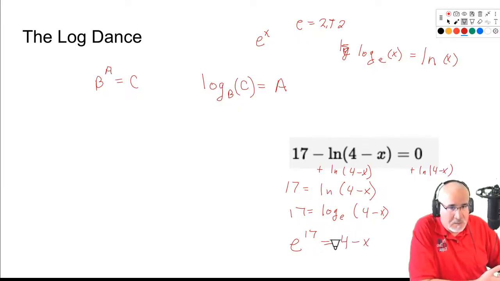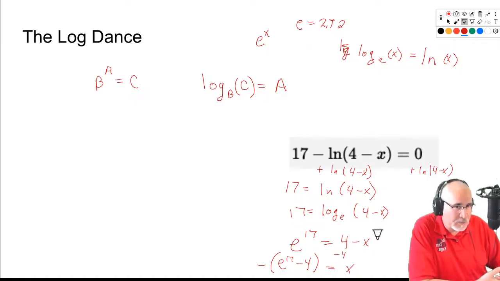And then we could subtract 4 from both sides and then divide by a negative to get rid of this, right? So we could finish solving for x here. We subtract 4, you get e to the 17 minus 4, and then we multiply by negative 1 to get x isolated by itself. When you multiply negative x by negative 1, it becomes positive x, which is what we need.